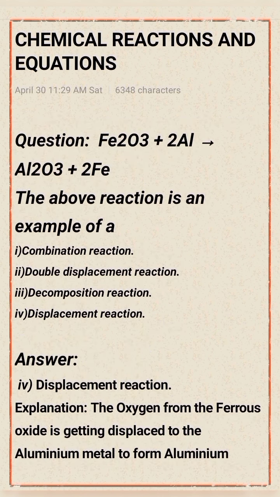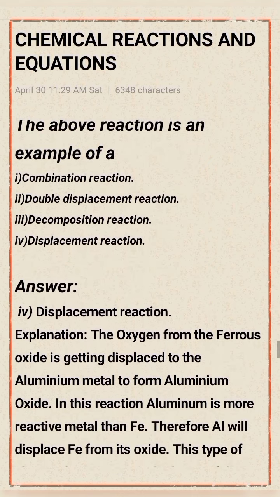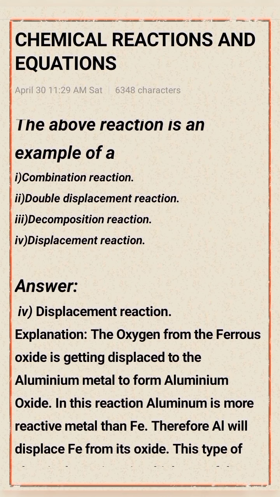Option 4, displacement reaction, because oxygen from the ferric oxide is displaced by the aluminium metal to form aluminium oxide.